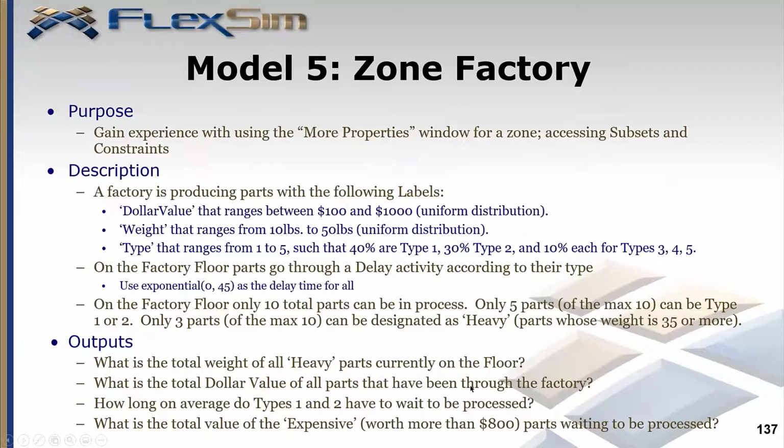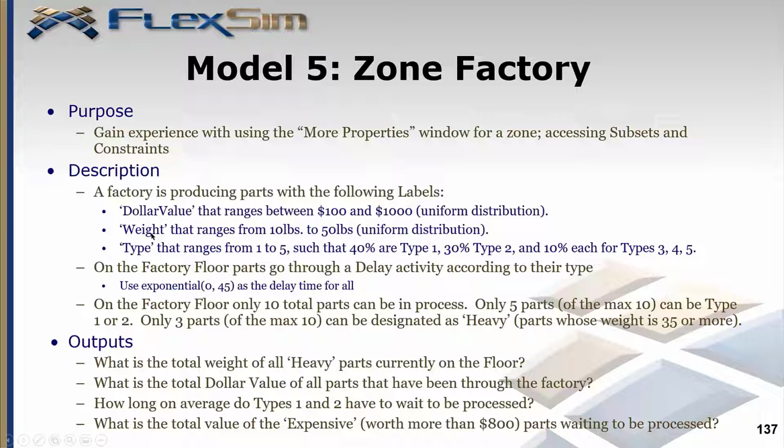Seems reasonable. So in our model that we want to build, we are just going to model an abstract representation of a factory where parts are produced by a source activity. And then we want to assign them these different label values to represent different attributes of those parts. So we're going to assign our tokens a dollar value label that can range from $100 to $1,000 using the uniform distribution.